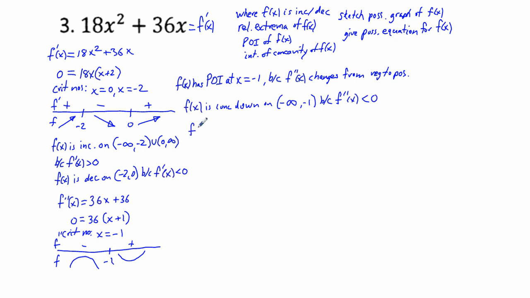F of x is concave up on the interval -1 to infinity. Why? Because f double prime of x is greater than 0.